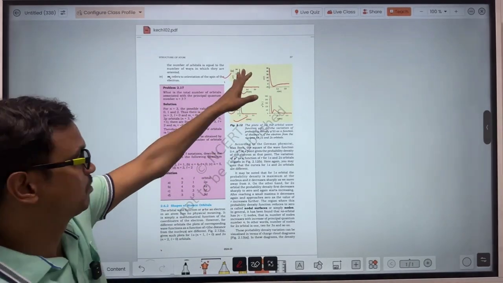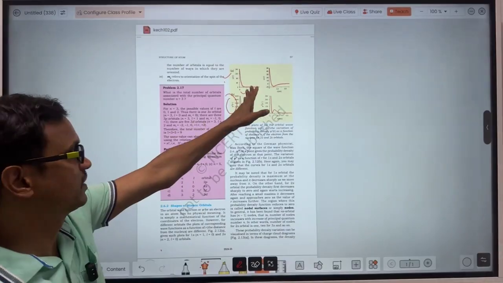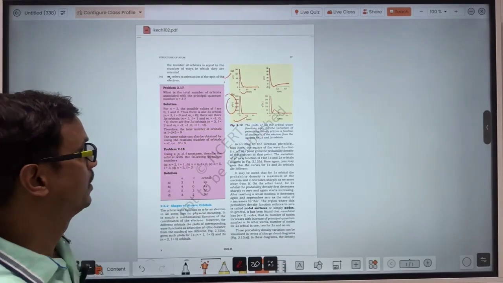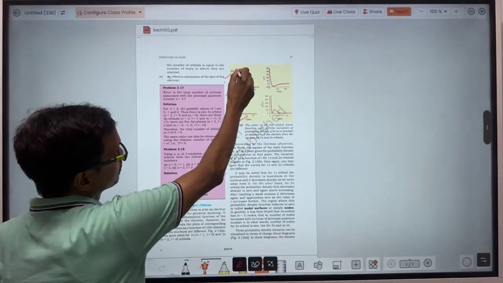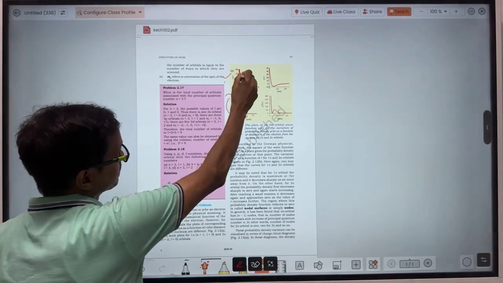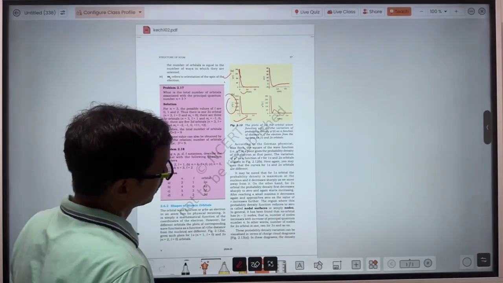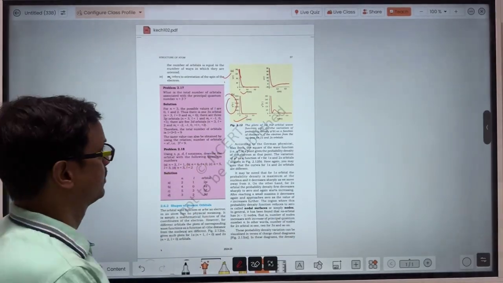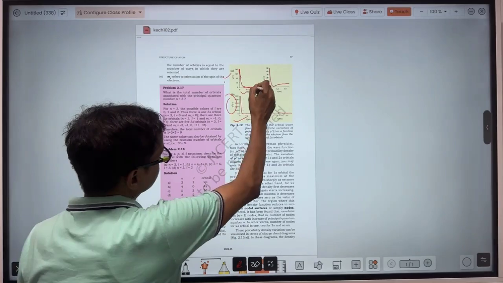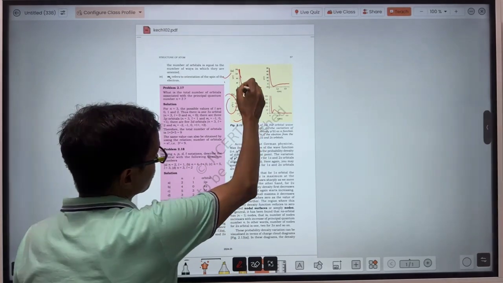As you see here, for the 1s orbital, as the distance from the nucleus increases, at 0 the probability of finding the electron is 0. That increases as the distance from the nucleus increases. It will have some values, and then after there will be no distribution of the electron.